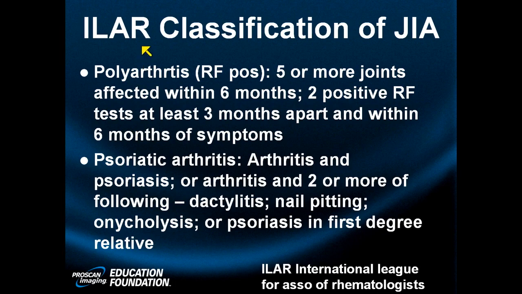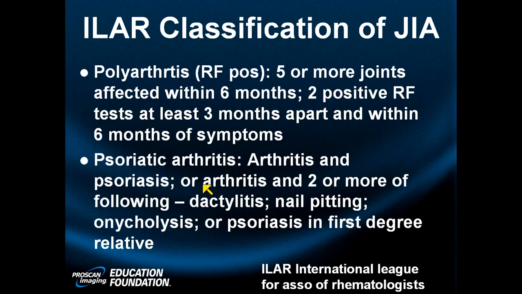So we said polyarthritis, 5 or more joints in the first 6 months, or they might have 2 positive rheumatoid factor tests at least 3 months apart, but within 6 months of symptoms. Now, in patients with juvenile arthritis, psoriatic arthritis is considered arthritis with psoriasis, or they may not yet have psoriasis.